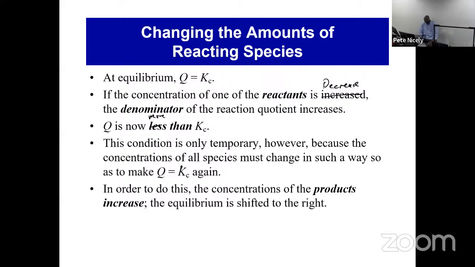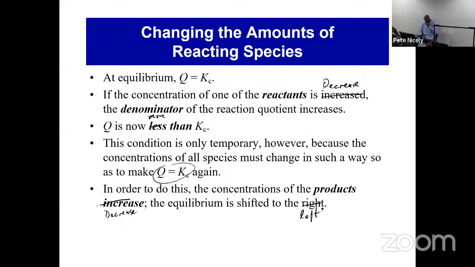And if QC is more than KC, that means that this condition is temporary. In order for the system to restore to equilibrium, there must be some changes, and the change that will occur is that the products would now decrease, and the equilibrium now will shift to the left. All right?